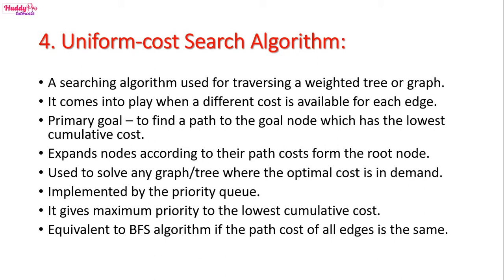So a uniform cost search algorithm is implemented using the priority queue. This algorithm gives the maximum priority to the lowest cumulative cost, and this algorithm is equivalent to the breadth first search algorithm if the path cost of all edges is the same.